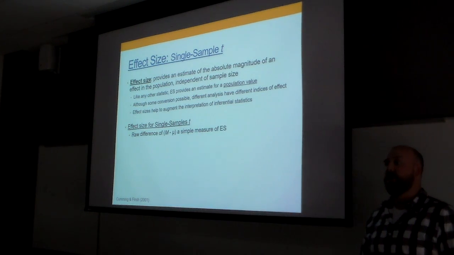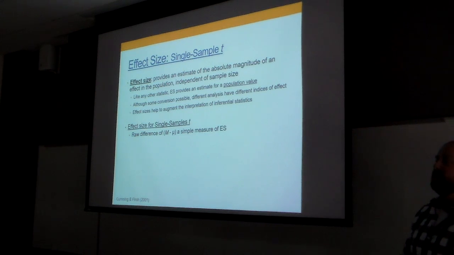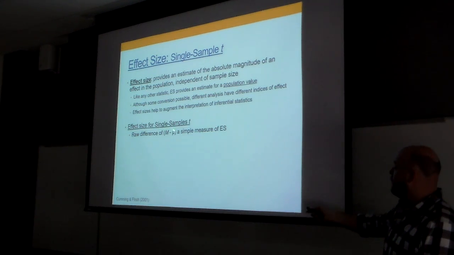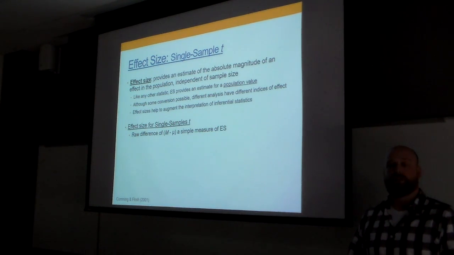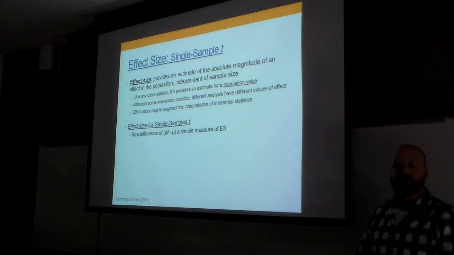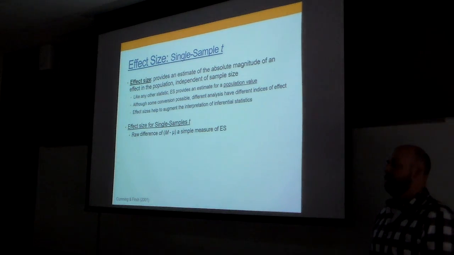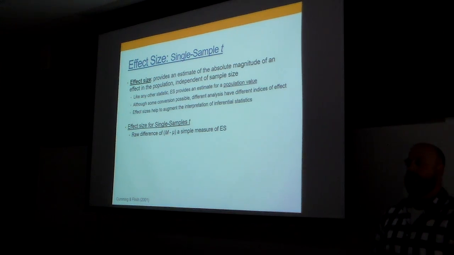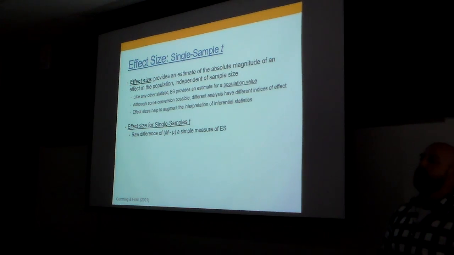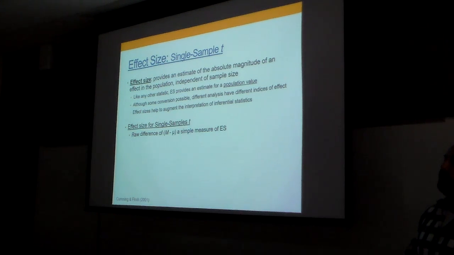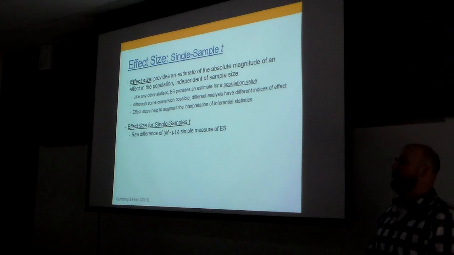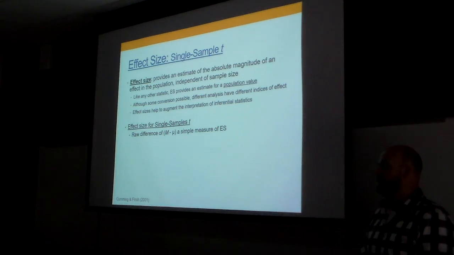And let's say that we see that on average we have a difference of $5,000 a year. So we find that people who graduate with a BA in psychology make $5,000 more than the average university graduate.